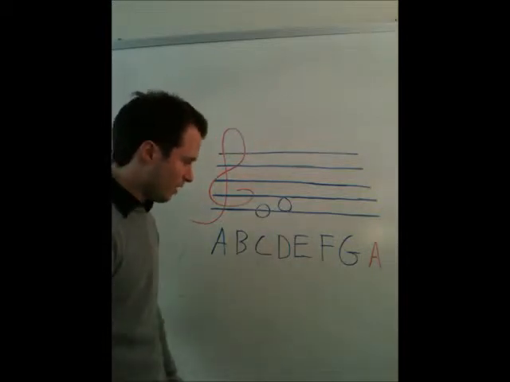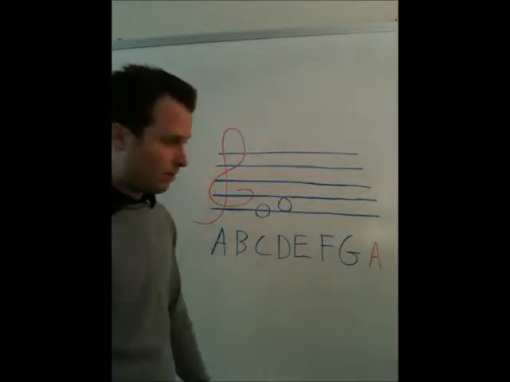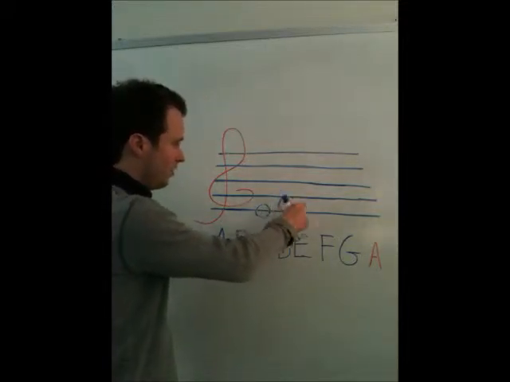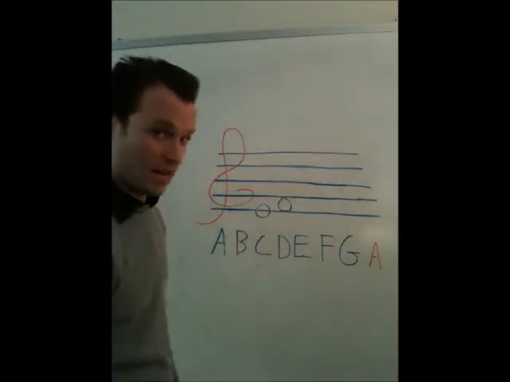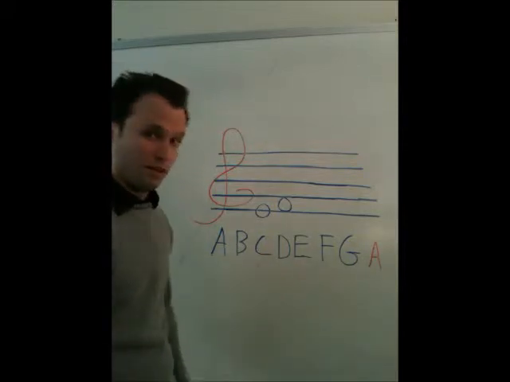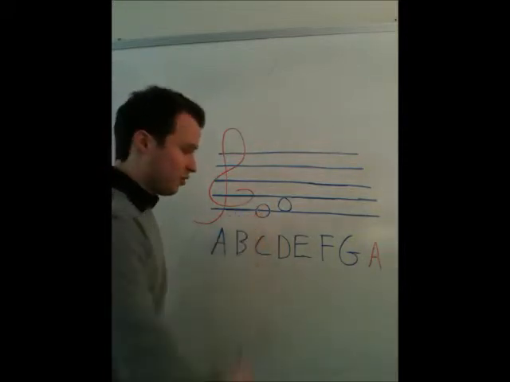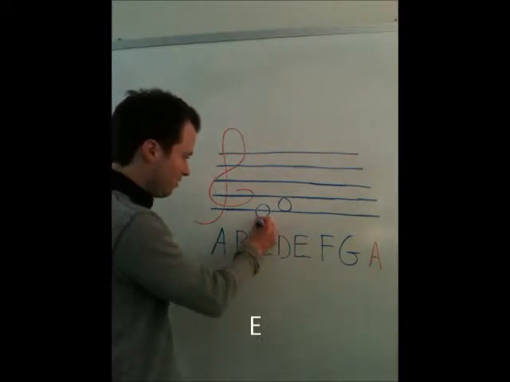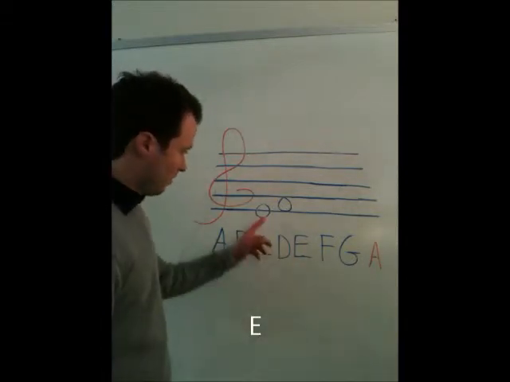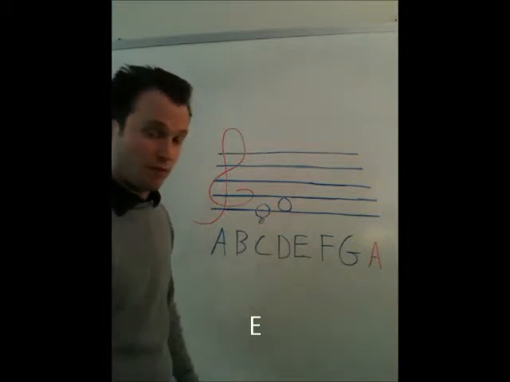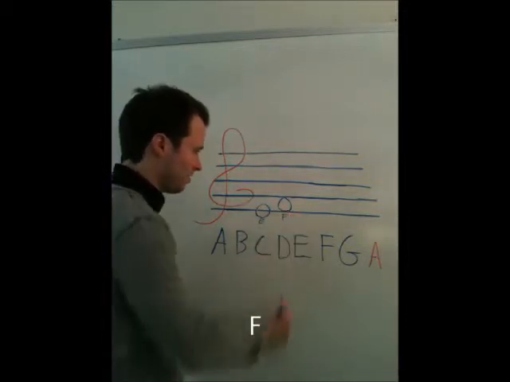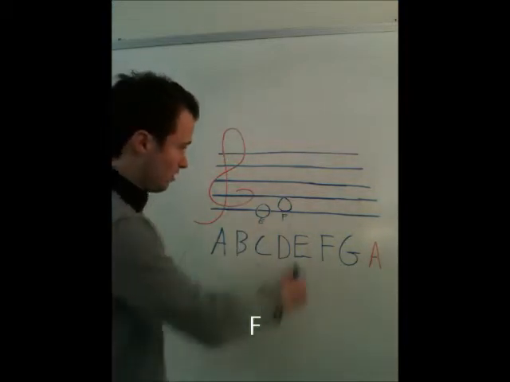So, here we have these 7 letters to deal with, and each note that you see or you find on the staff is going to be assigned a particular letter. So, for instance, this note right here, this is E, right there, and of course, if you were to see this next note that happens to be a step up from there, that would obviously be F. And so on.